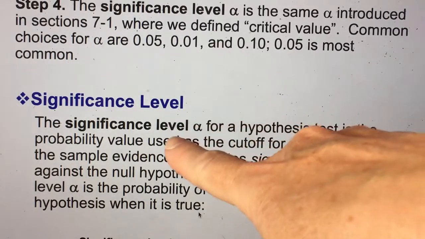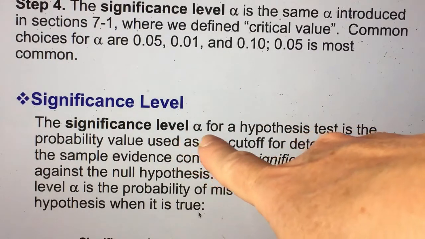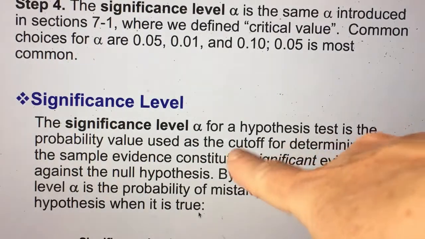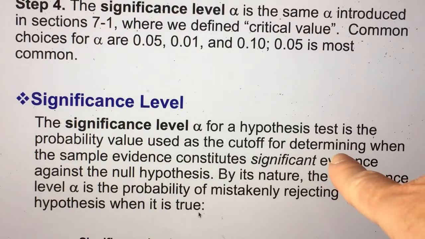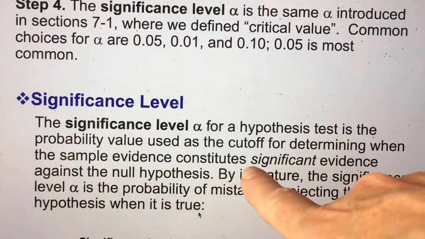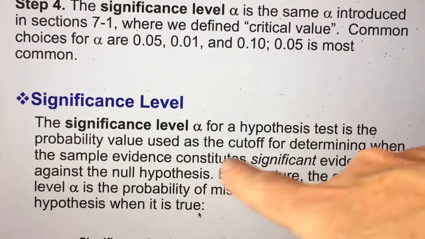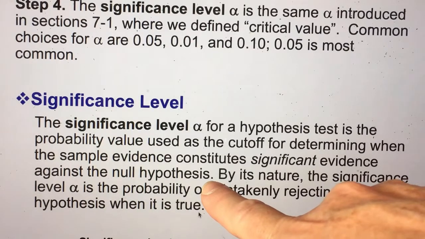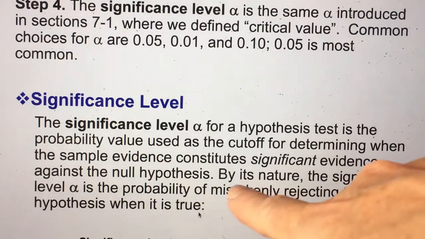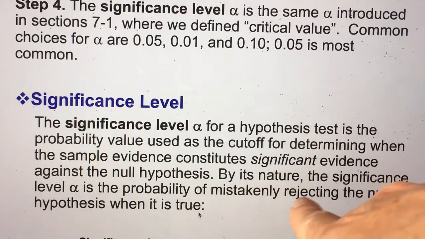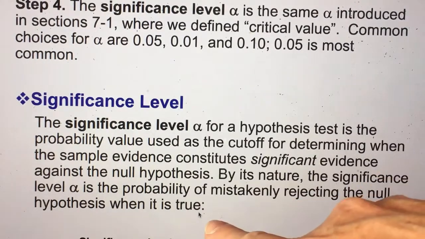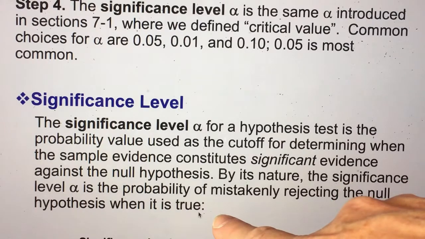The significance level alpha for a hypothesis test is the probability value used as the cutoff for determining when the sample evidence constitutes significant evidence against the null hypothesis. By its nature, the significance level alpha is the probability of mistakenly rejecting the null hypothesis when it is true.